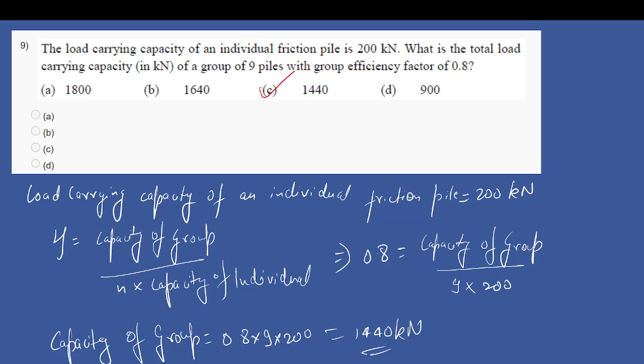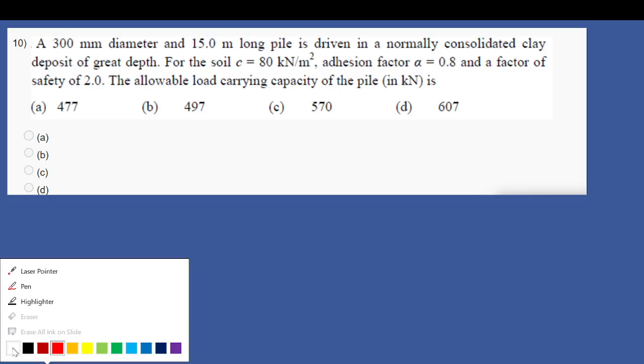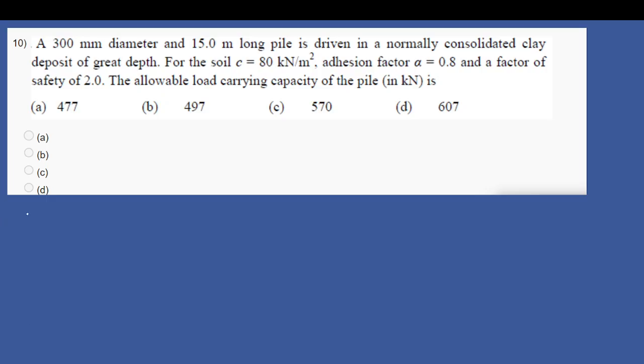Let's move to question number 10. You have a 300 mm diameter pile, 15 meter long. It is driven in a normally consolidated clay deposit of great depth. For the soil, C equals 80 kPa, adhesion factor alpha is 0.8, and the factor of safety is 2. What is the allowable load carrying capacity of the pile? The diameter given to you is 0.3 meter.